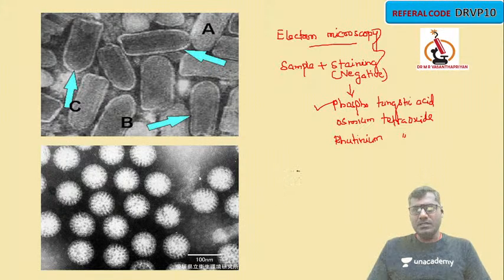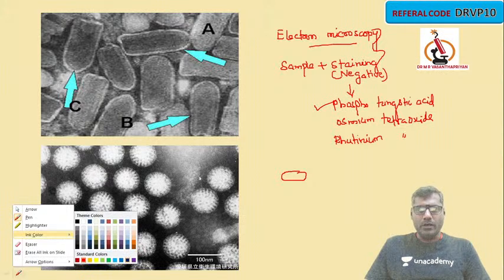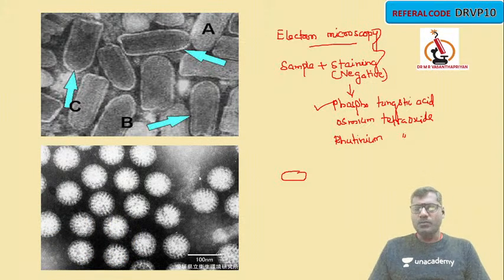For example, this is the microbial agent. Once we use the electrons in the microscopy, the electrons are present only on the surface of the microbial agent.